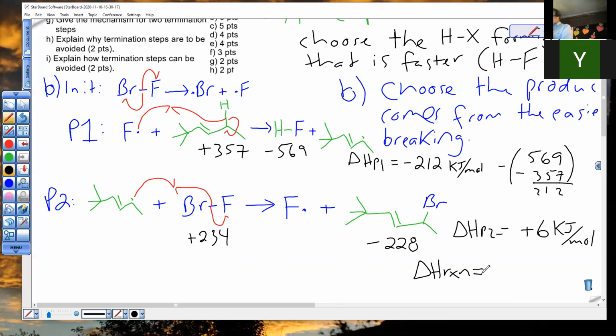Then you know everything you need to know about signs. All you have to do is positive for breaking, negative for making, add up the numbers. Now, at the end, add up the numbers. Negative 206.